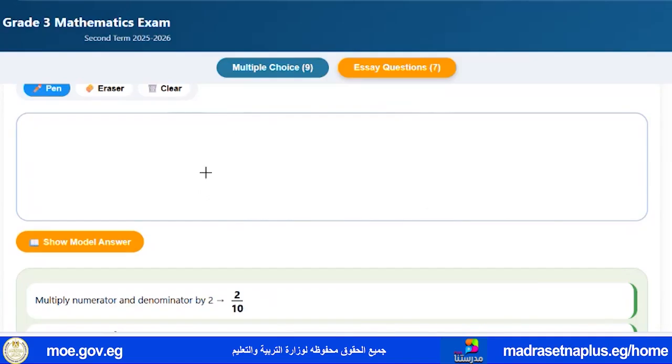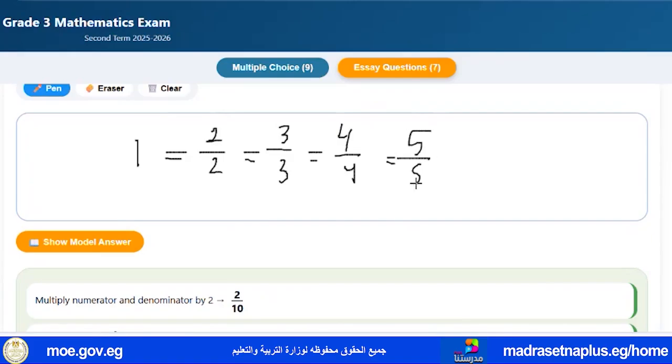Okay. Let me ask you some question about whole. One whole. How many halves? Good. 2 halves. How many thirds? Great. 3/3. How many quarters? Great. 4 quarters. 4/4. How many fifths? Awesome. Yes, 5/5.